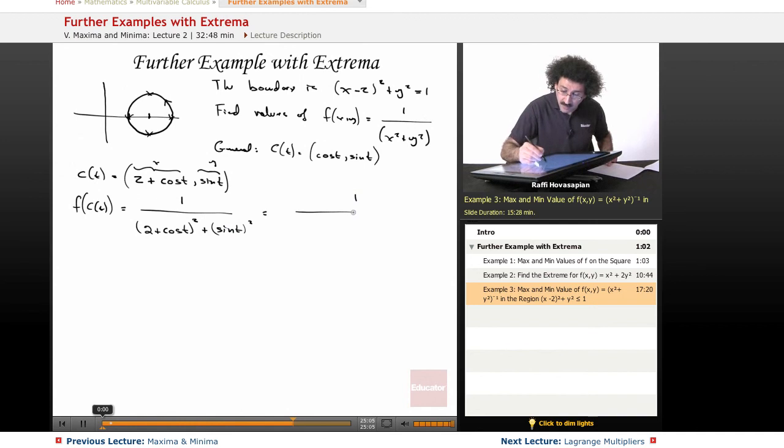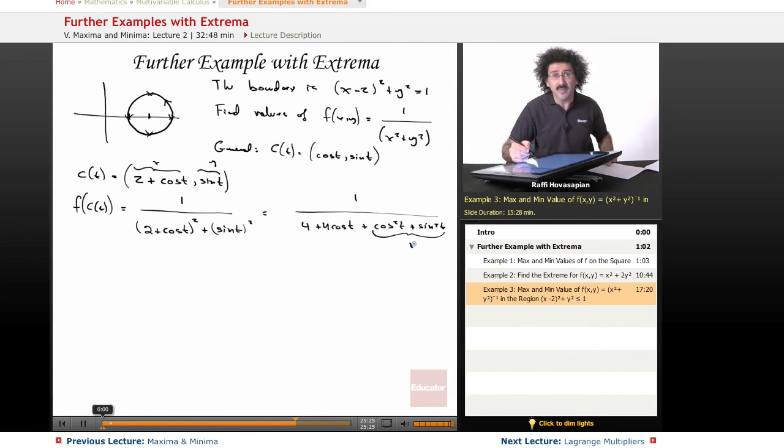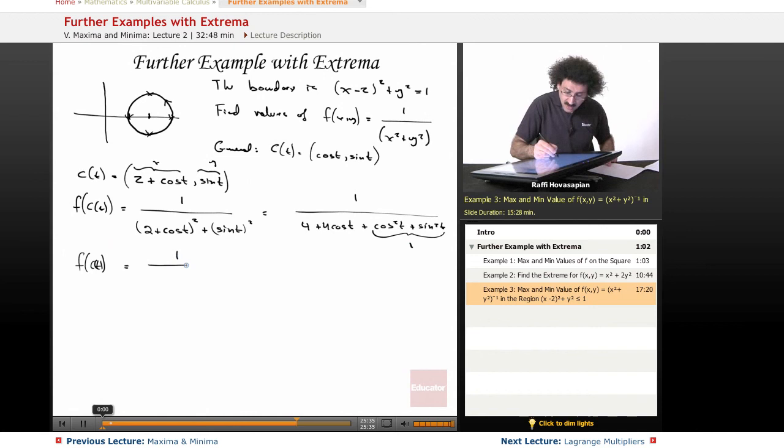It's going to equal 1 over, well, 2 times 2 is 4, 2 cosine t is plus 4 cosine t, plus cosine squared t plus sine squared t. That's the denominator. Well, cosine squared t plus sine squared t is the Pythagorean identity. That's equal to 1. So 4 plus 1. So my f of c of t equals 1 over 5 plus 4 cosine t.